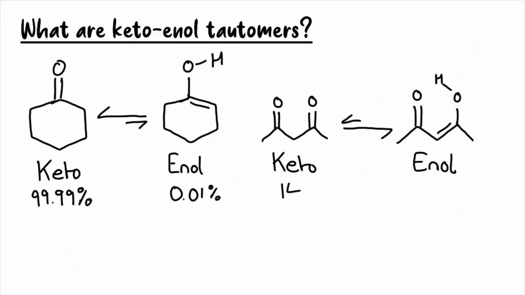And we see only 14% in the keto form, with the majority being in the enol form. And this is down to two reasons. Firstly, we have stabilization by intramolecular hydrogen bonding over here. And secondly, we have a conjugated system, in this case between the carbon-oxygen double bond and the carbon-carbon double bond, thus providing more stabilization.